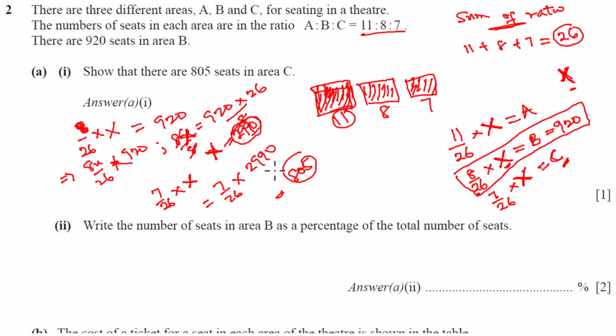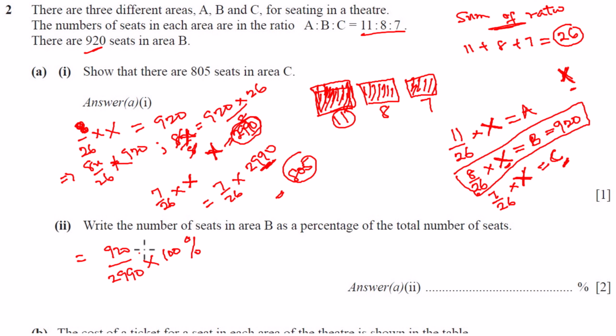We just found out that the total number of seats is 2990. And then we know that the number of seats in area B is 920. So you can simply say this percentage that you're asked for is equal to 920 over 2990 times 100%.